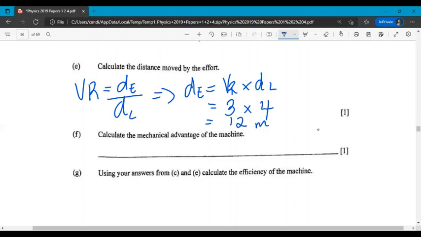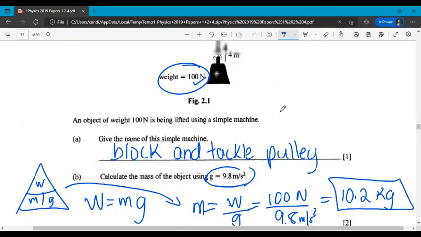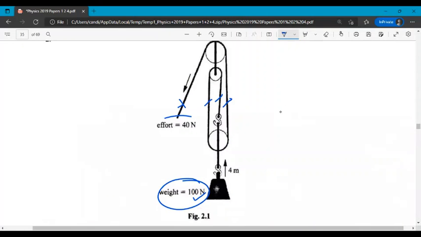Then finally, we're to calculate the mechanical advantage of the machine. We have a formula for that as well too. The mechanical advantage is the ratio of the load to the effort. So we're talking about the amount of force, the load and the effort. The load we know is 100 newtons, and the effort applied, we were told, was 40 newtons right there.